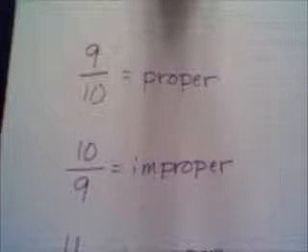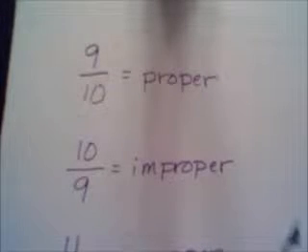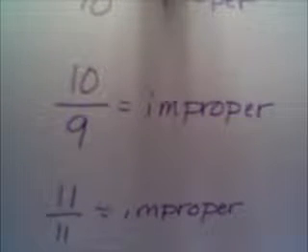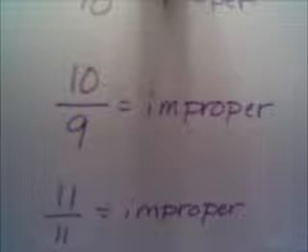Why? Because this 11 over 11 is equal to 1. Any fraction that is equal to 1 or greater is an improper fraction. Okay? All right.